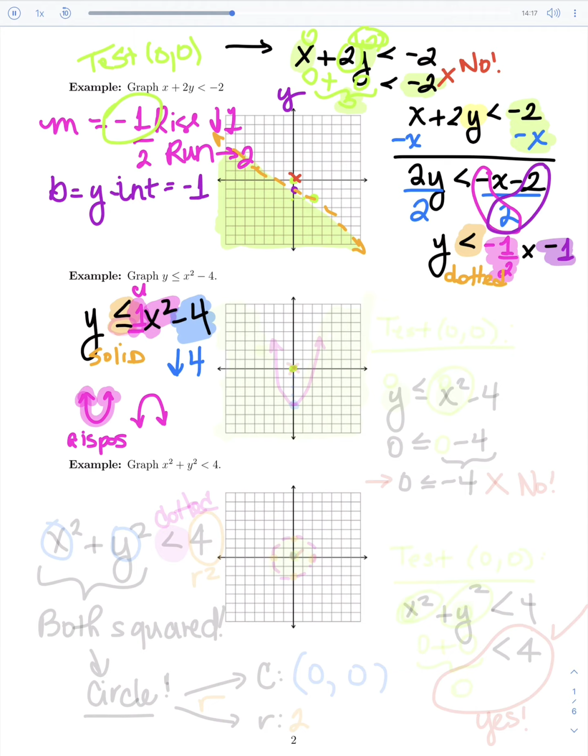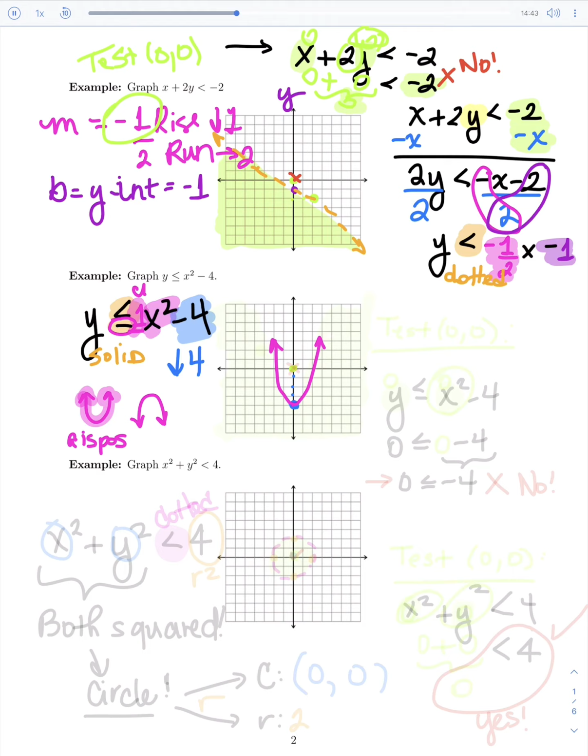We're going to shift it down 4, to 1, 2, 3, 4, here, down at negative 4. Our parabola will still point upwards. Again, it doesn't have to be perfect, just trying to get a good idea. Now, notice I drew a solid line again because of the equal to.